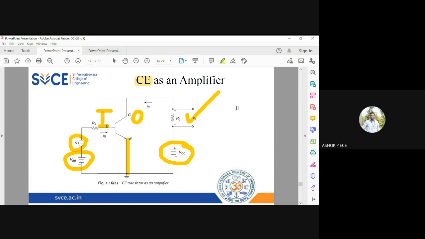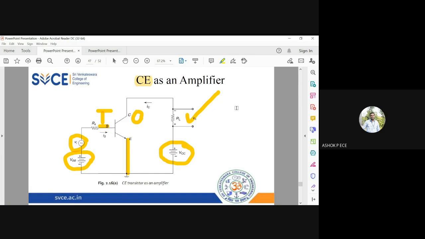VI is also optional, because only if you want to amplify, you will be giving an input voltage VI. Otherwise, VBB and VCC are definitely required for the transistor to function. The biasing will be accordingly: NPN transistor, emitter is N, base is P, collector is N. That one thing you should remember.